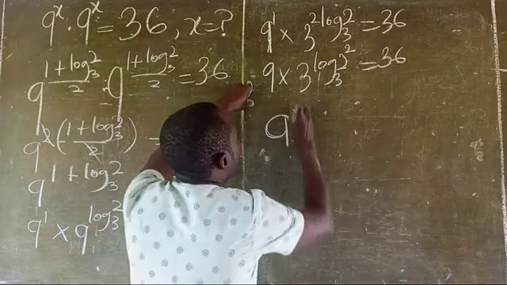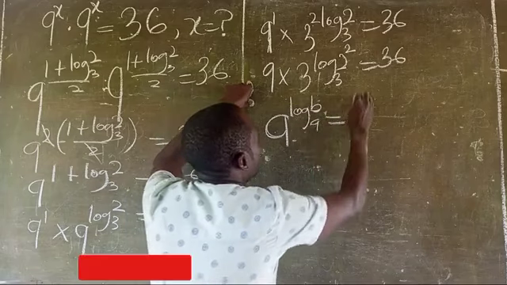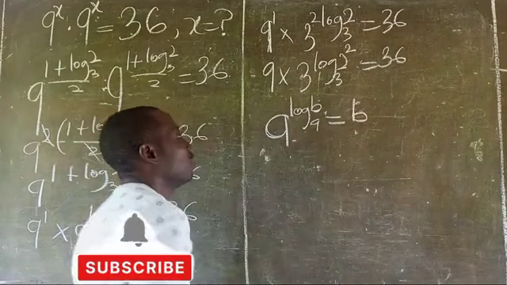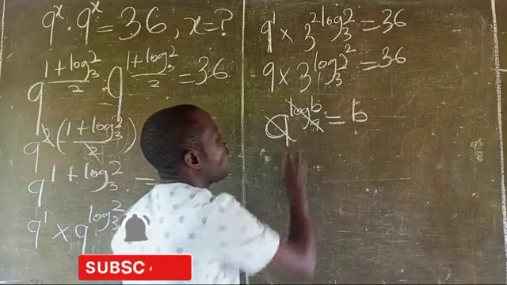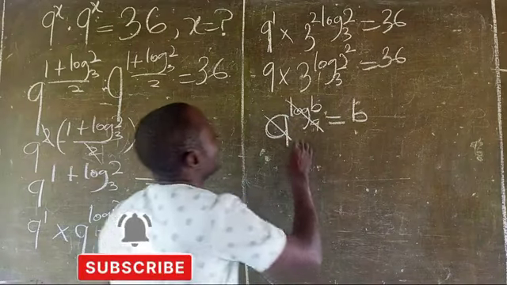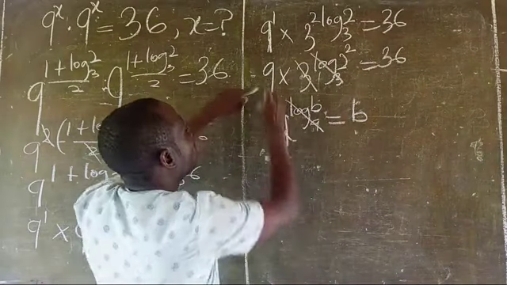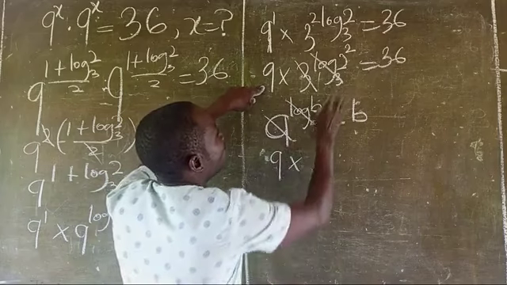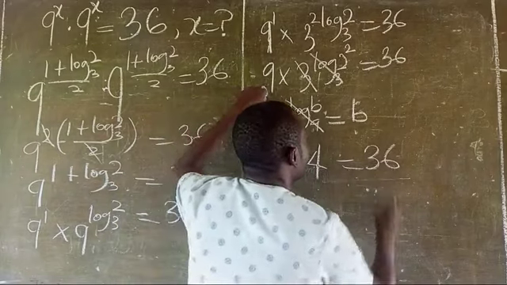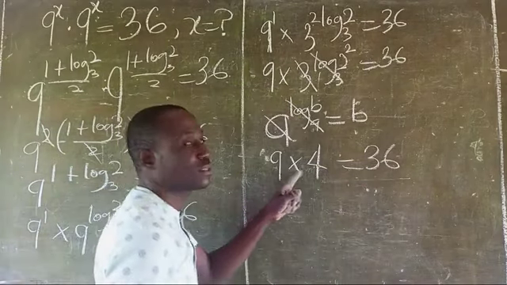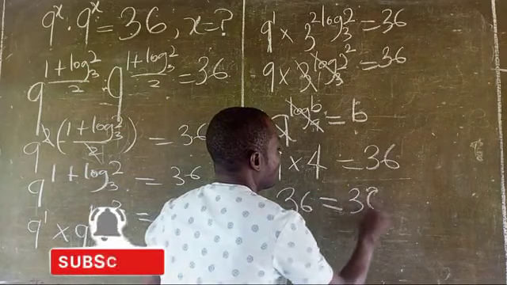If we have a raised to power log b base a, it becomes eventually b. The reason is when a base is raised to a log with the same base, it cancels out. In that same vein, we have 3 cancels out log to base 3. So what is left will be 9 times 2 raised to power 2, which is 4, equals 36. And previously we have 9 times 4 as 36. So 36 is equal to 36.